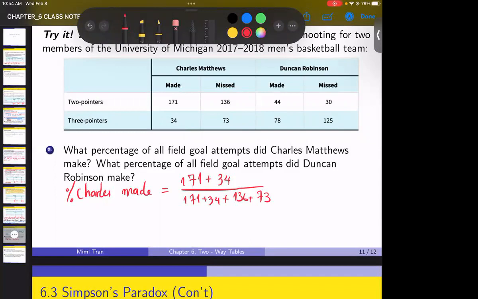So 171 plus 34 divided by 171 plus 34 plus 136 plus 73. Roughly 49.5, I'm probably gonna say roughly 50%. No, let's just say 49.5.